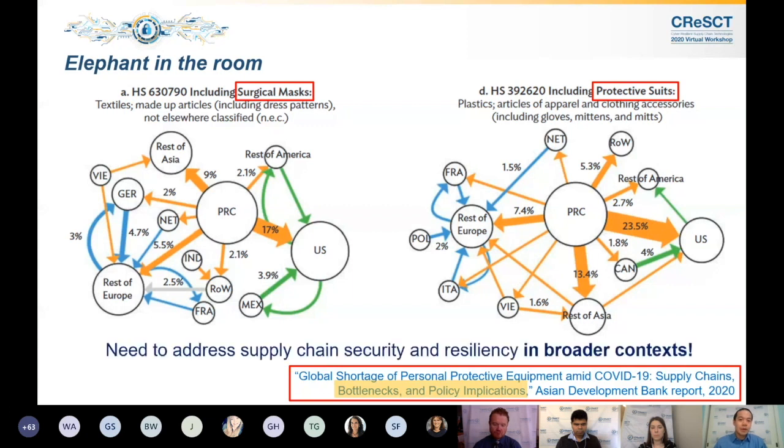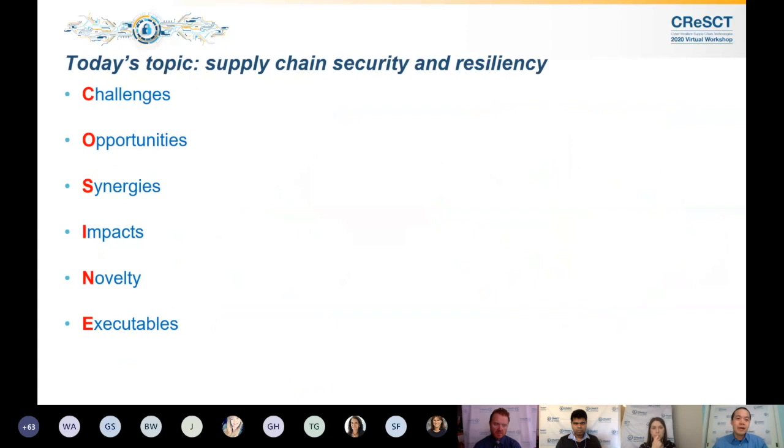So by presenting this figure, I would like to make a case that the study of supply chain security needs to be elevated to a broader context. This is no longer just a technical issue. This is actually an issue that involves the technical, economic, political, and many other aspects. So in today's panel, my charge for our panelists, and in some sense our audience, is what I call the cosign.